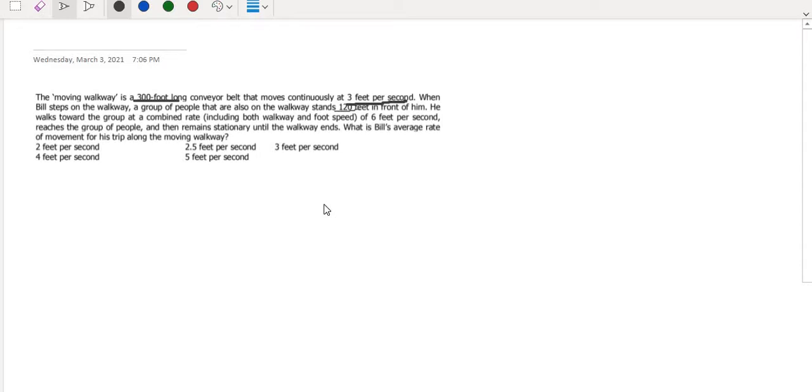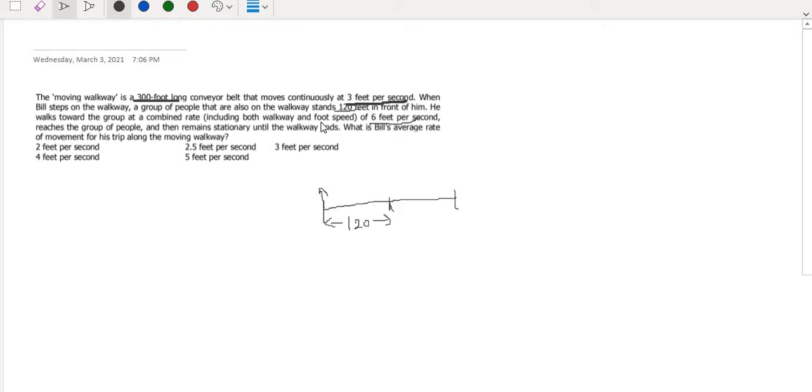So if this is the walkway we are talking about, let's say this entire thing is 300 feet. At 120 feet there is a group of people standing and Bill wants to be with them. Bill starts from here, and the combined rate at which he moves is 6 feet per second.